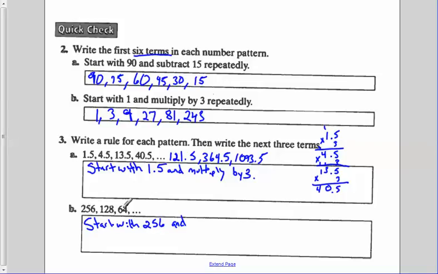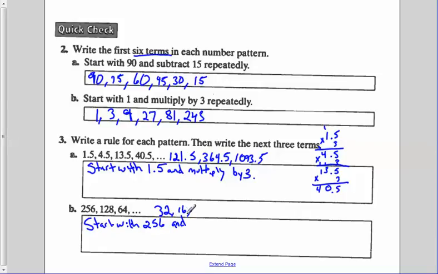But if I look at what I just did there, I divided 256 by 2 to get 128. And then 128 divided by 2 is 64. So if I divide 64 by 2, I get 32. And if I divide 32 by 2, then I get 16.